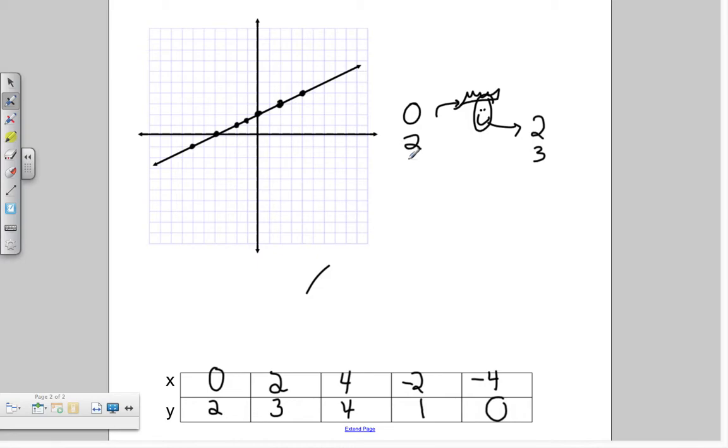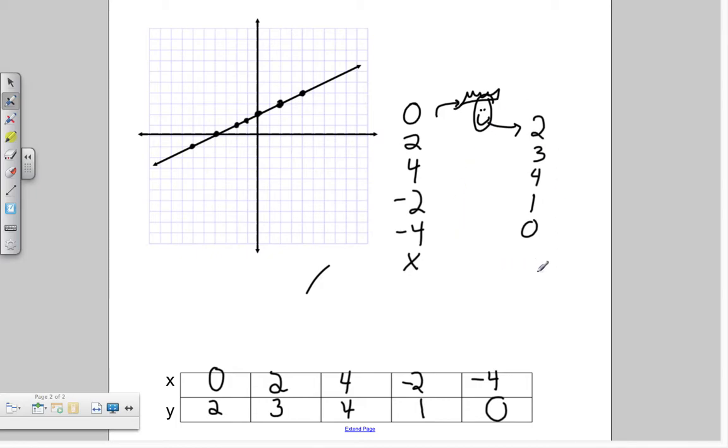I put a 4 into his head, and he spits out a 4. I put a -2 into his head, and he spits out a 1. I put a -4 into his head, and he spits out a 0. These are my sets of my x values. These are my sets of my y values. If I put an x into his head, what am I going to spit out?